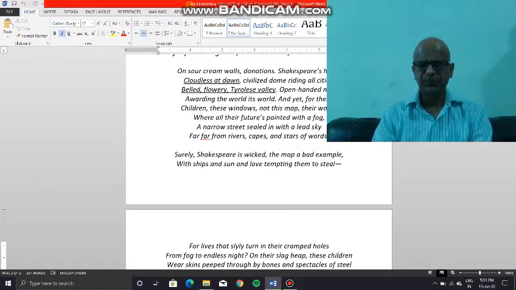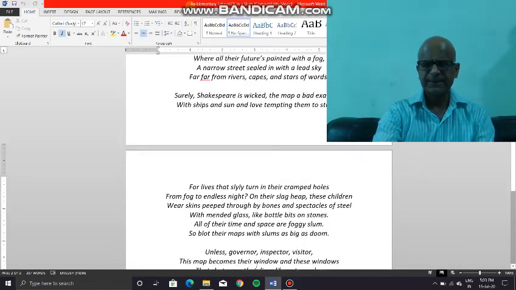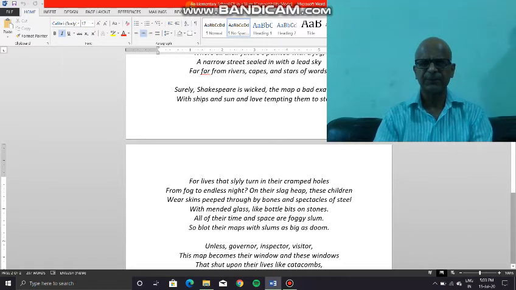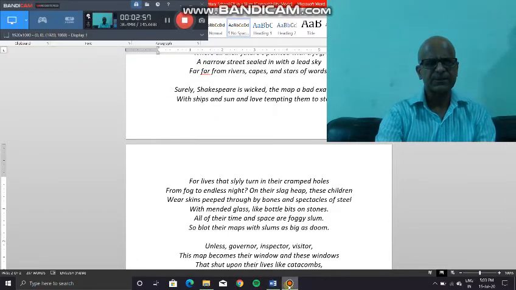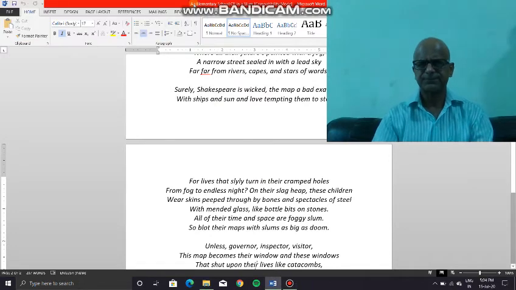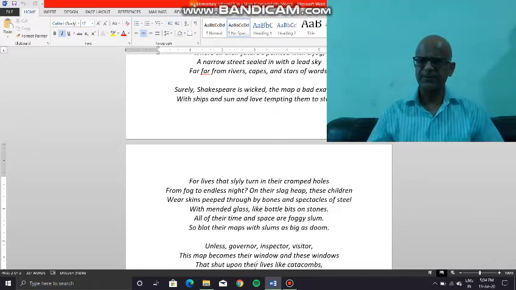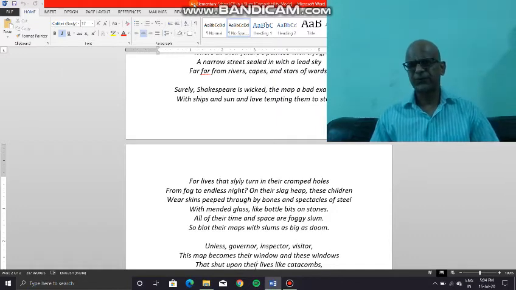So we move on. "On their slag heap, these children, their skins peeped through by bones and spectacles of steel with mended glass, like bottle bits on stones." Now, the setting of this particular piece of poetry is, you've been told, the outskirts of an industrial township situated very near a valley, a prominent valley called the Tyrolese Valley in Austria.